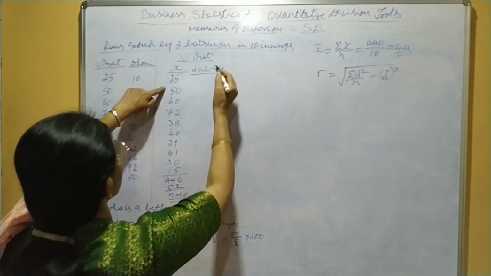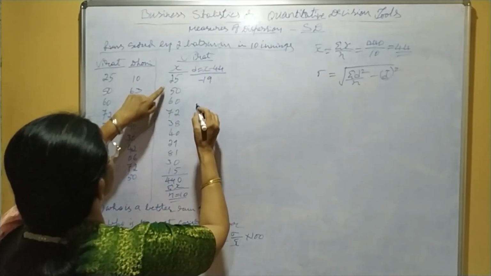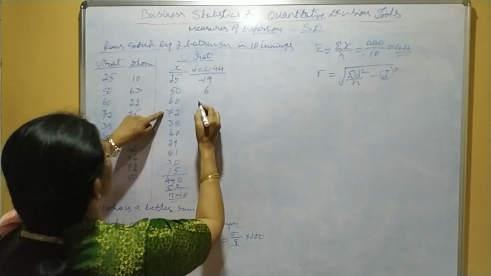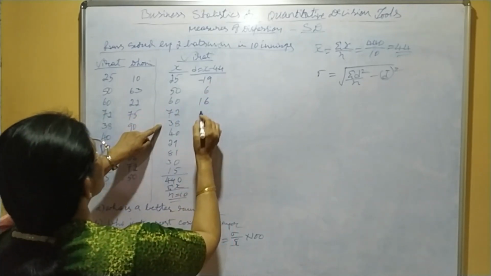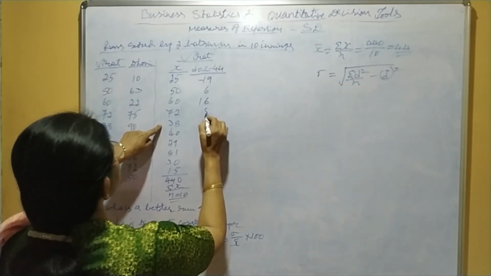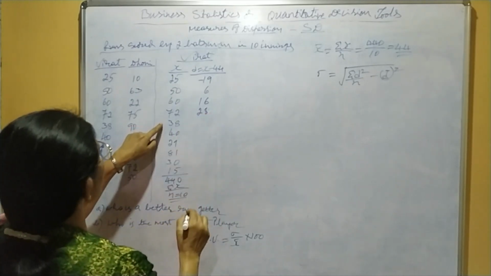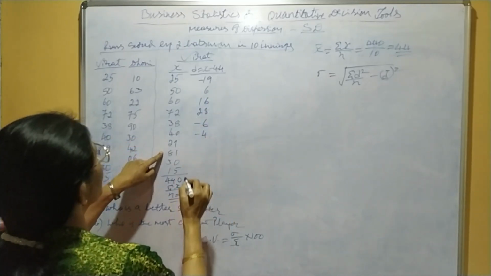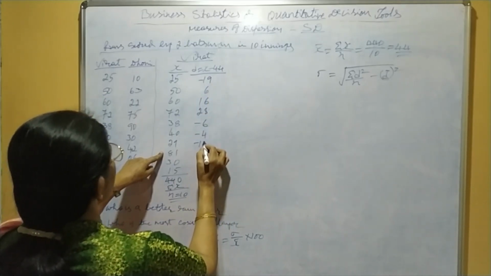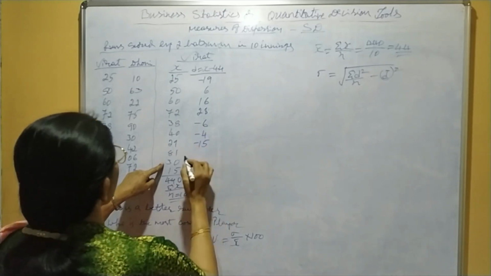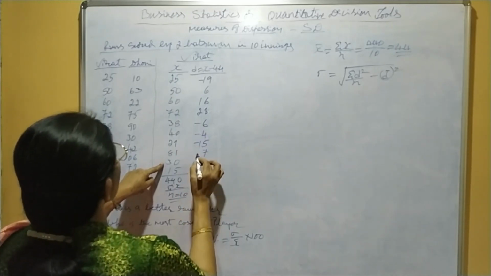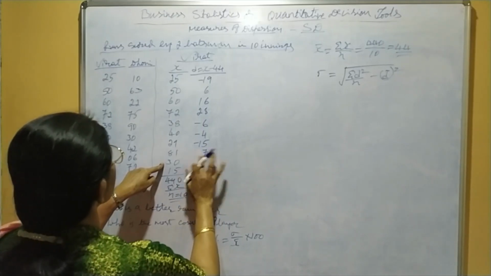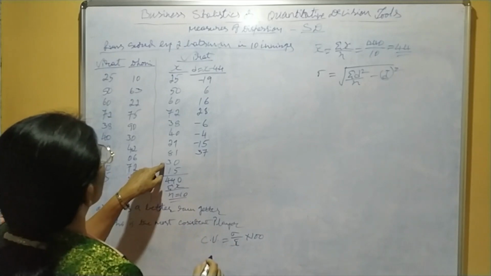Therefore here you may take d equals x minus x bar, where x bar is 44. That means 25 minus 44 is minus 19. 44 minus 50 is minus 6... 60 minus 44 is 16. 72 minus 44 is 28. 38 minus 44 is minus 6. 40 minus 44 is minus 4. 29 minus 44 is minus 15. 81 minus 44 is 37.